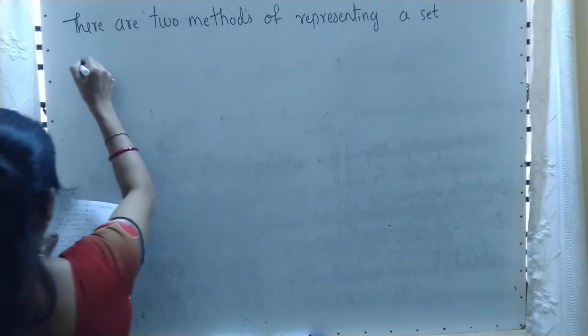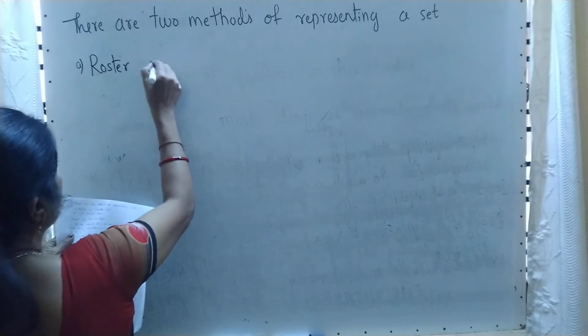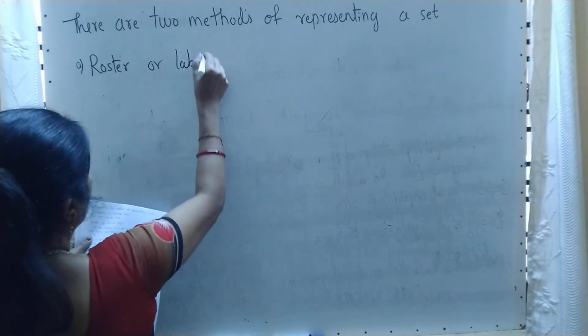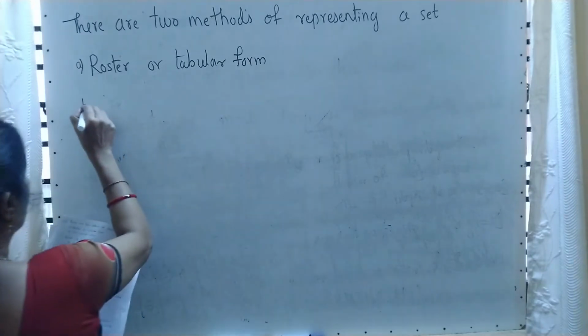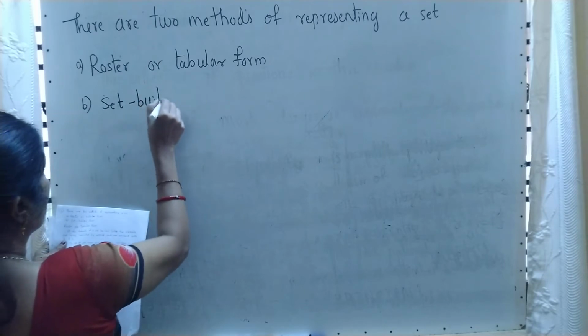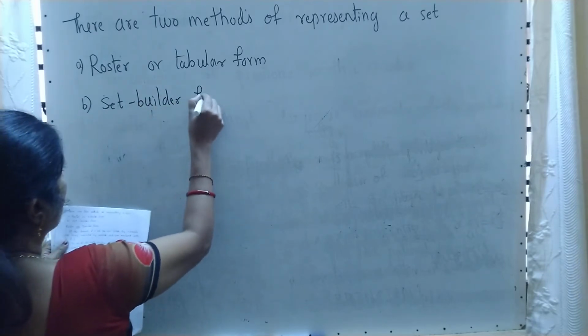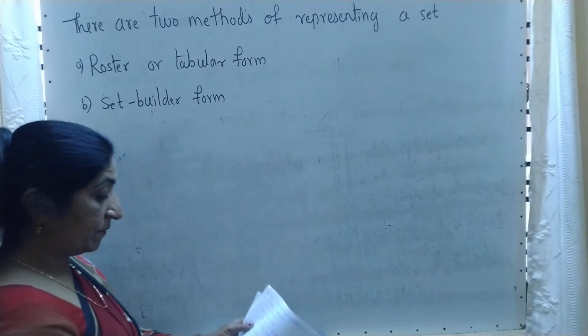First method, roster or tabular form. Second one, set builder form. So I will explain the definition as well as an example.